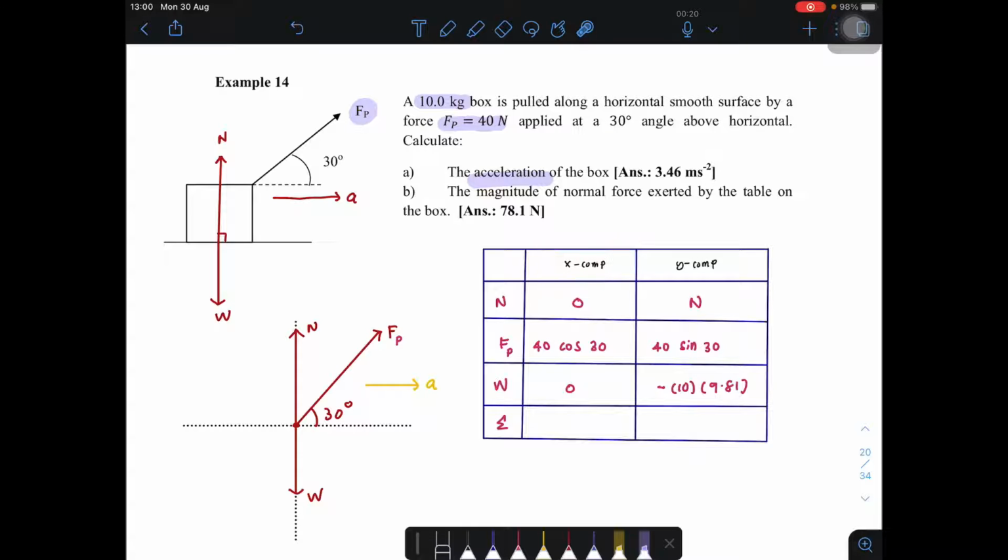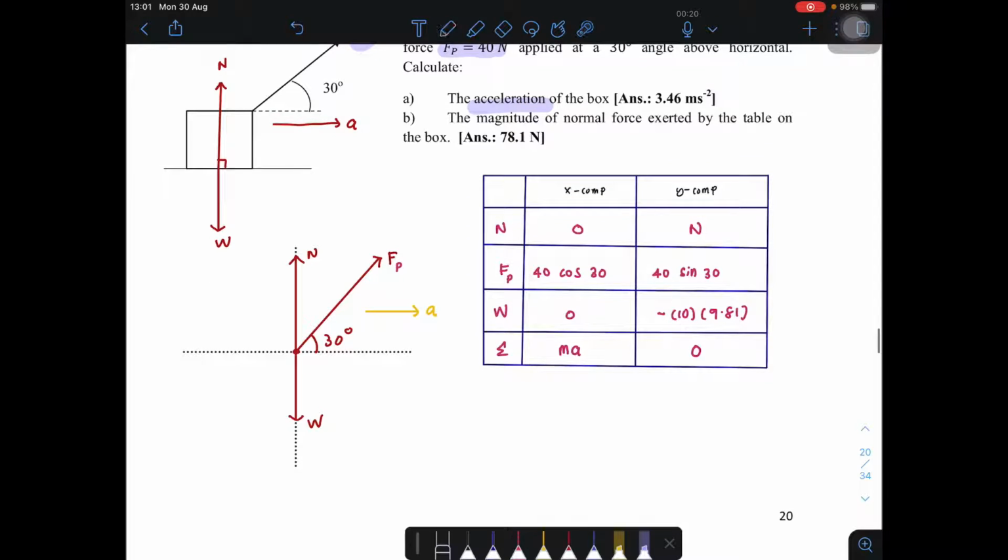So the sum here must be equal to ma, because the x component has acceleration, since the box is pulled along a horizontal smooth surface. It is not pulled upwards, it is pulled to the right, because we have the external force here. So on the x component we have ma, but on the y component, because there is no motion here, the y component will be equal to 0.